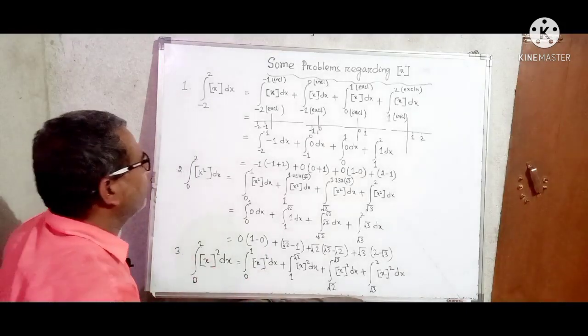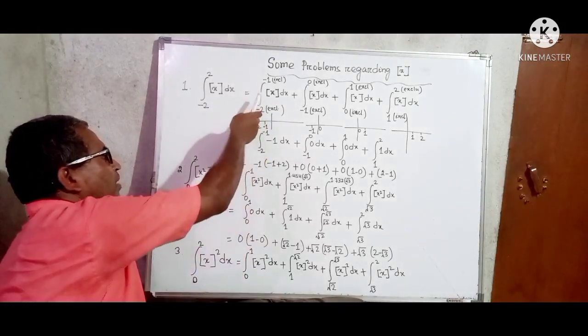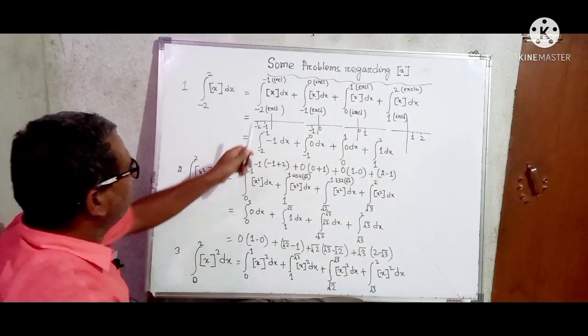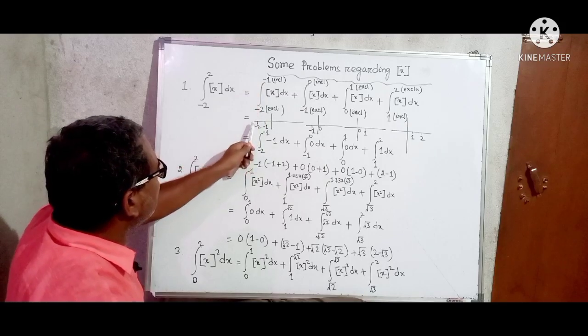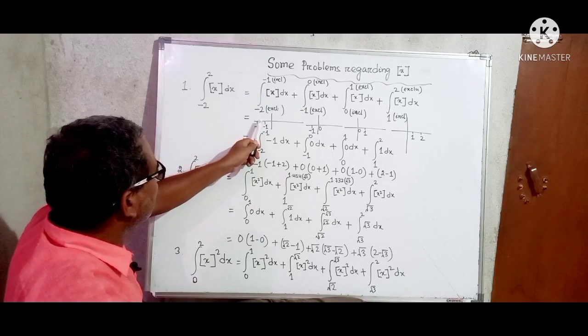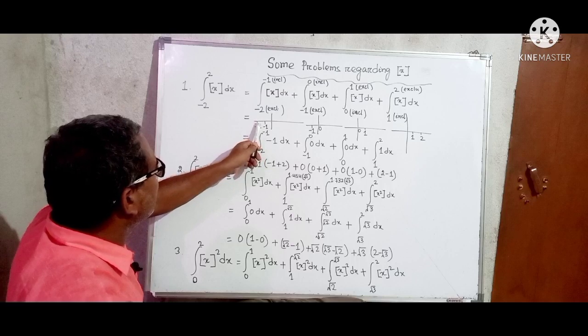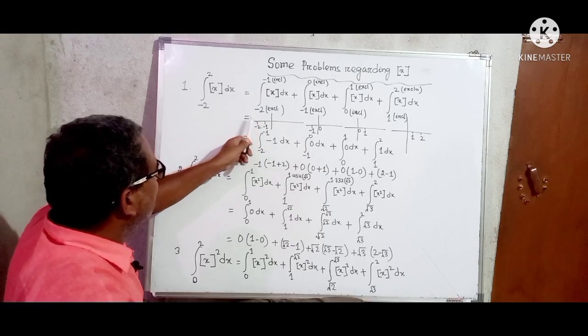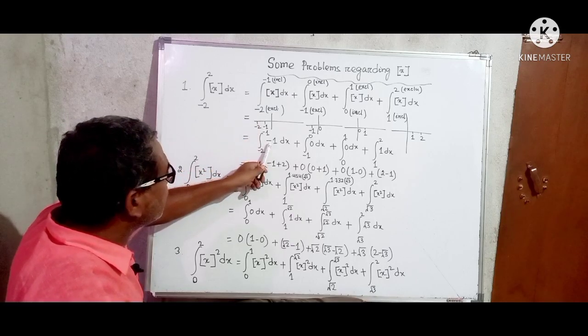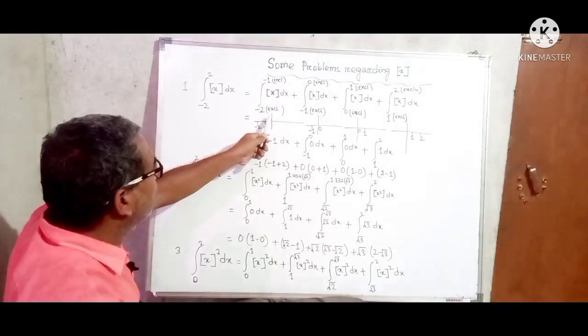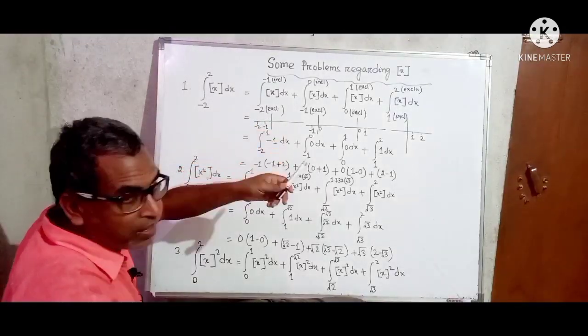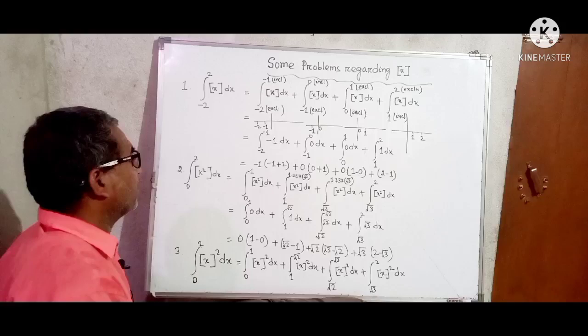You see in the graph, from minus 2 to minus 1, the value will be minus 2, so the value will be minus 1. You know how to find the value of the greatest integer function.